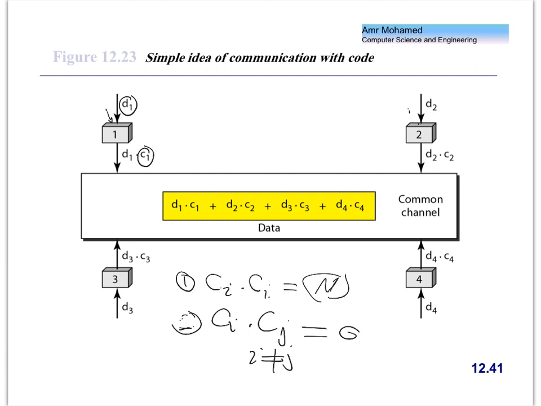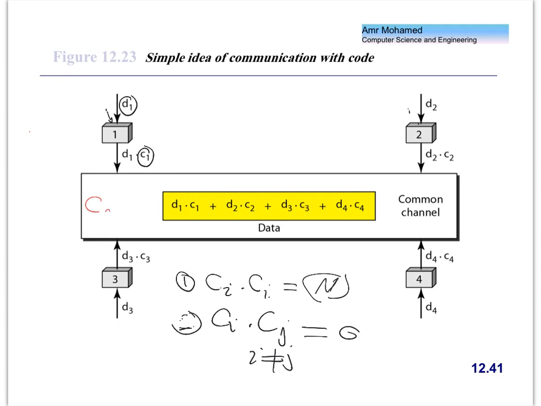If that's the case, then if any node, say node 5, wants to receive the data from node 2, this node needs to have the code of the language that station 2 used to send, which is C2.